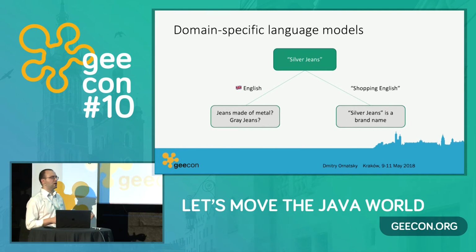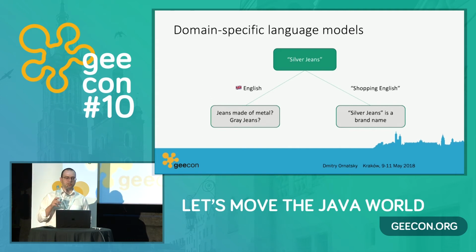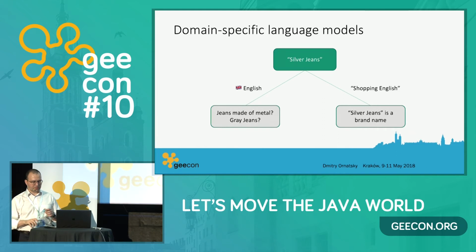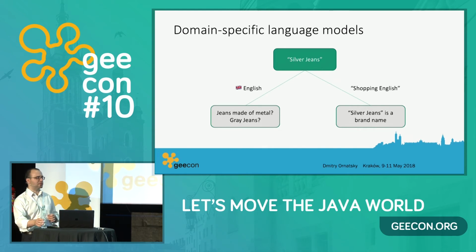It can mean that you're looking for silver colored jeans or jeans made of silver or something even more nonsensical. The reality of it is that Silver Jeans is a brand, and you should have recognized that. So there's a very particular dialect of English, which we will call shopping English, which the system has to adapt to.